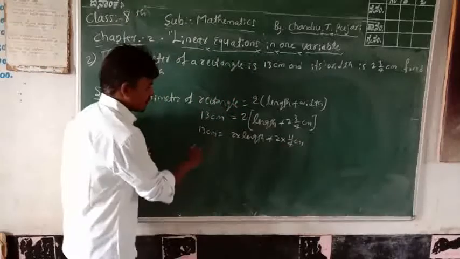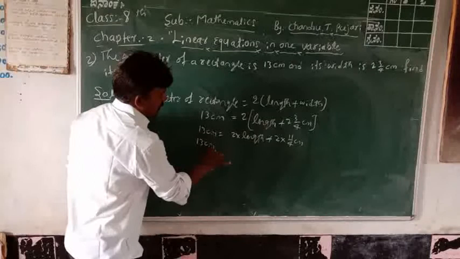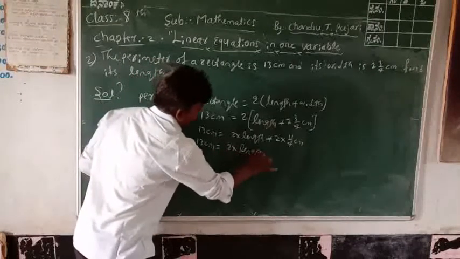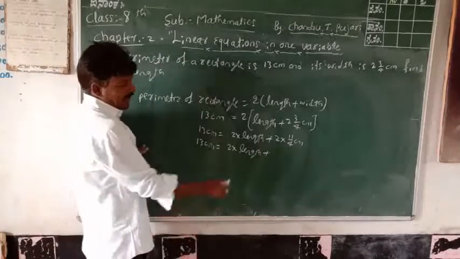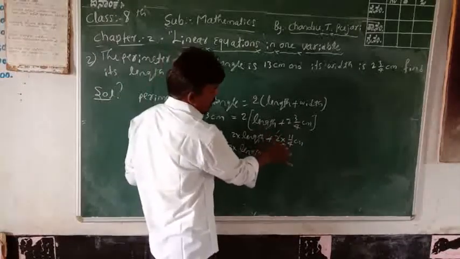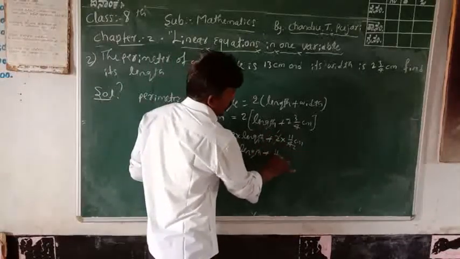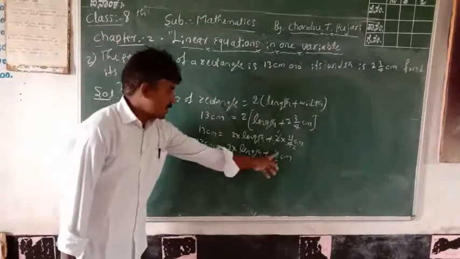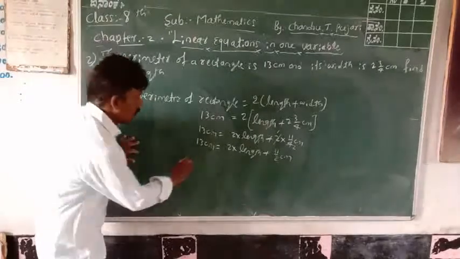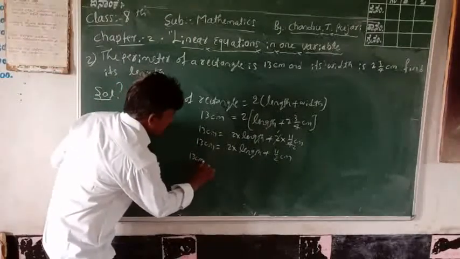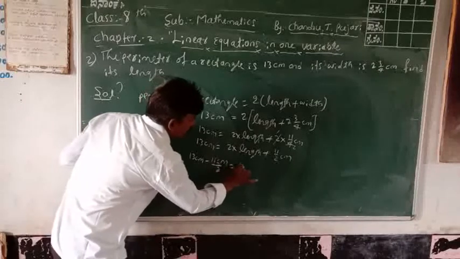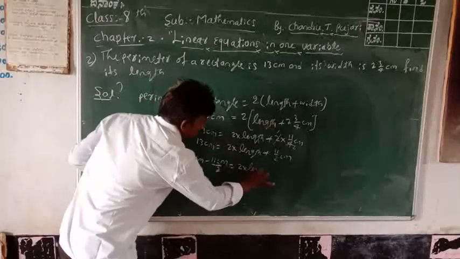The next simplification: 13 centimeters is equal to 2 into length plus, with this cancellation, 2 ones are 2, 2 twos are 4, so 11 by 2 centimeters. Again, take 11 by 2 to this side. Therefore, 13 centimeters minus 11 by 2 centimeters is equal to 2 into length.